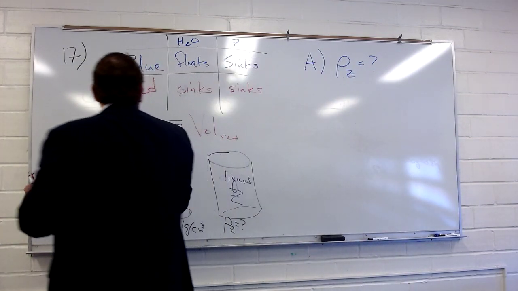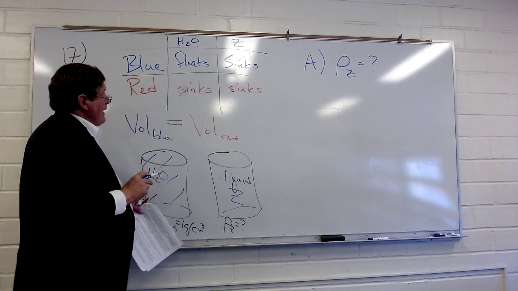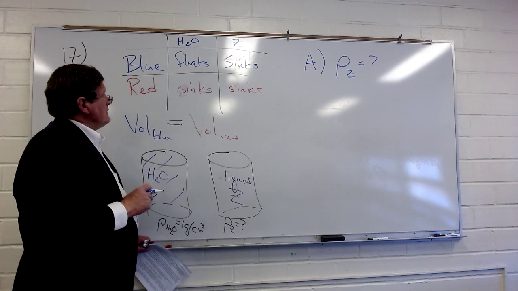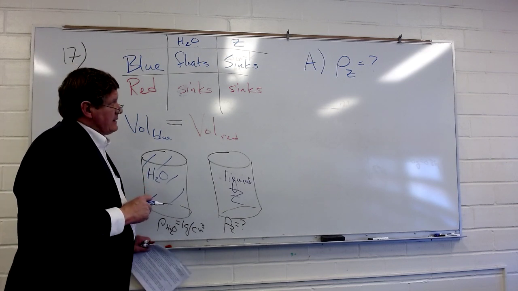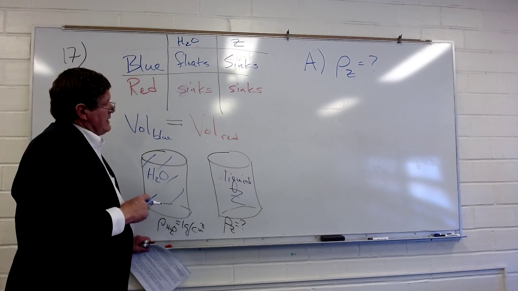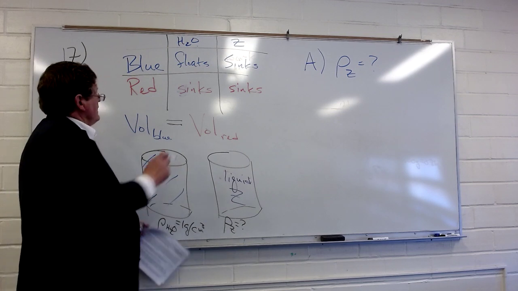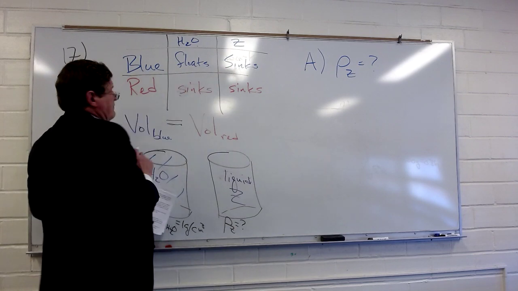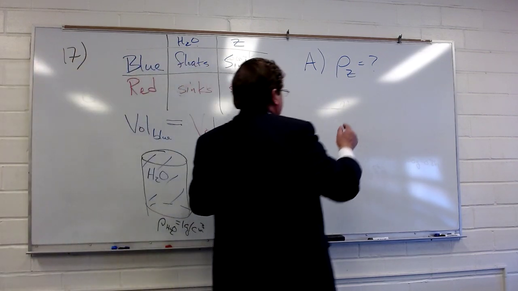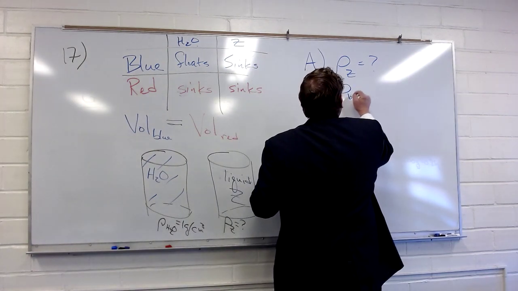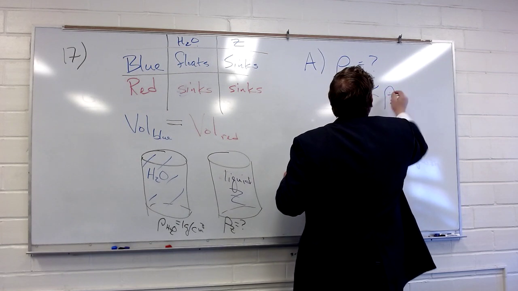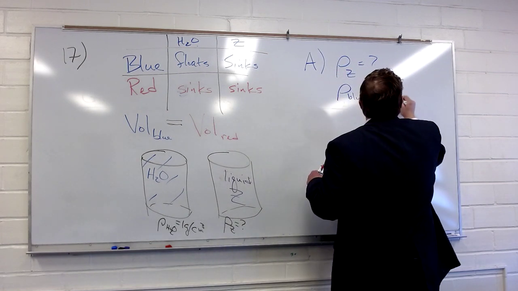Well, I can say that the density of liquid Z has to be less than the density of water. Well, how do I say that? I look at the blue object. The fact that the blue object floats in water means that the density of the blue object is less than the density of water.